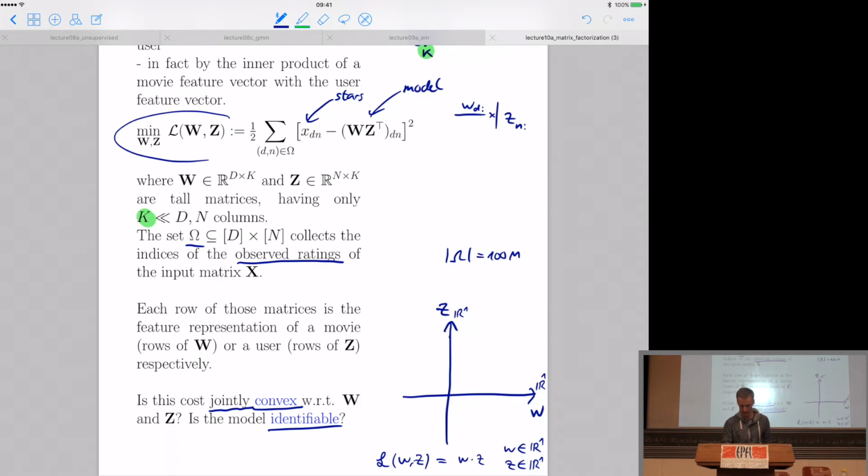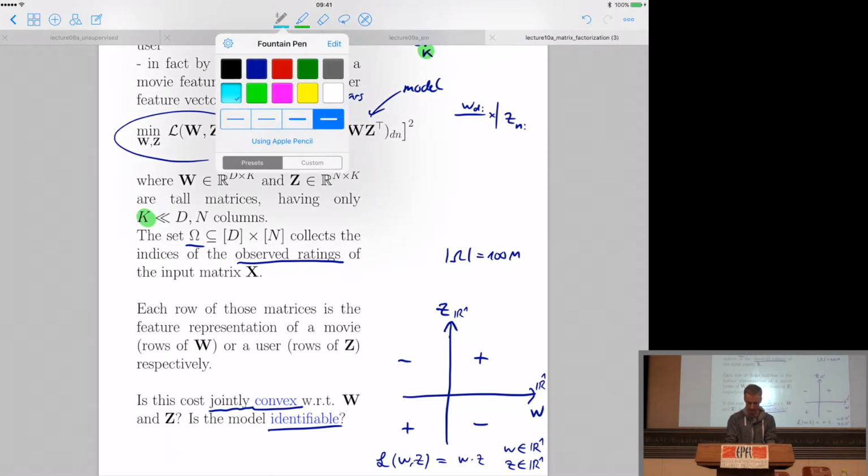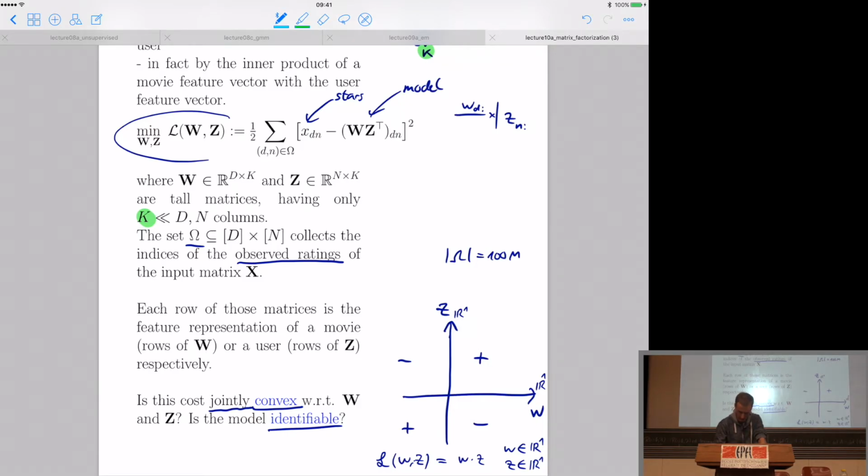This is the identity applied to the product of two numbers. So is that convex? Actually not, because here it's positive, and here it's also positive, since when they both have a minus sign their product is positive. Here it's negative, and here it's negative. I'm claiming that this is a non-convex function. It looks a bit like this; these are the level sets.